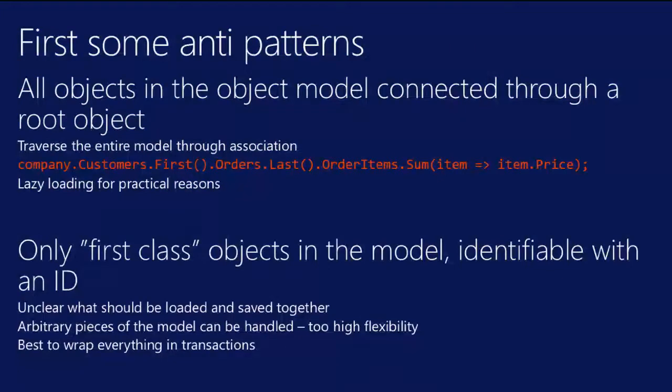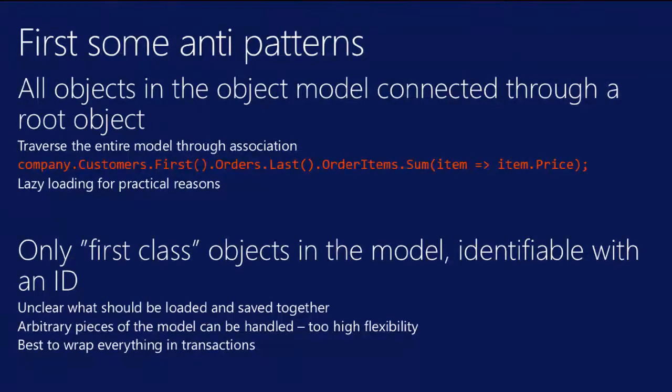And if you look at the model, you will see that all the objects are first class. All the objects are identifiable with an ID, which is, I suppose, a result of it being a data model replica. And it's unclear what should be loaded and saved together. If you look at the domain model, you don't really see any clear boundaries where you should treat things together.